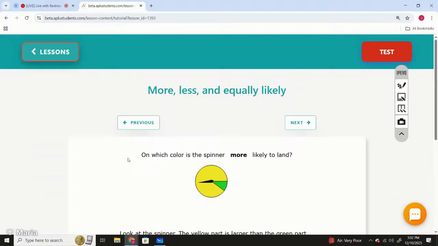So let's just look at the spinner. The spinner has a larger yellow portion than the green one, right? So when you spin the spinner, it will more likely land on yellow because the spinner has more yellow portion than green. Got it?